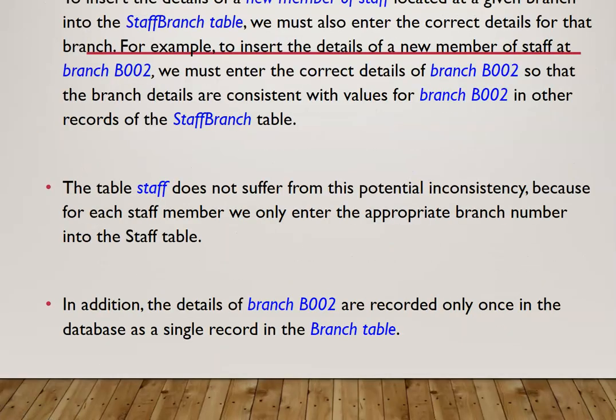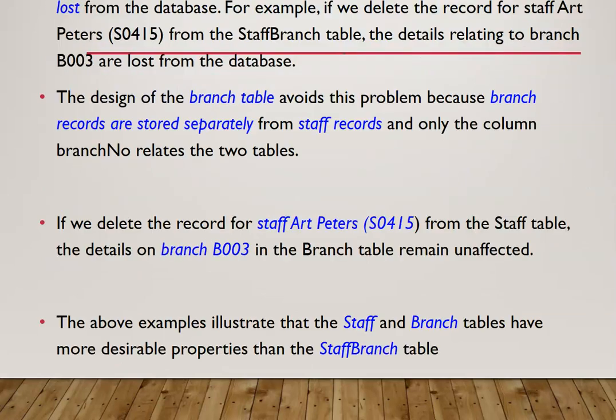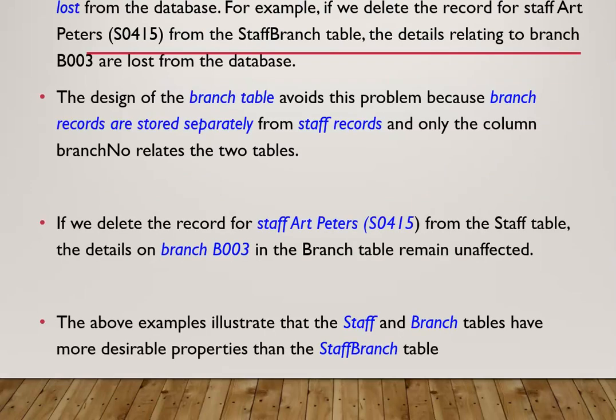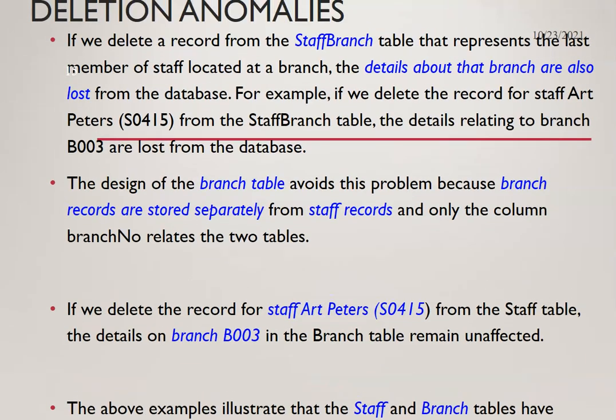So, in essence, it is very suicidal to have redundant data in your database. It's not acceptable. That is why we use the process called normalization to help us reduce or minimize data redundancy.